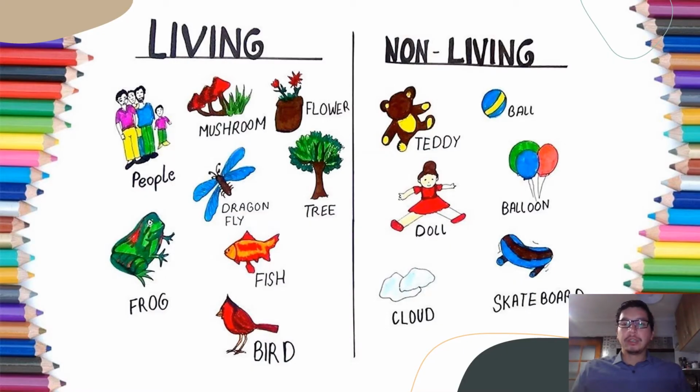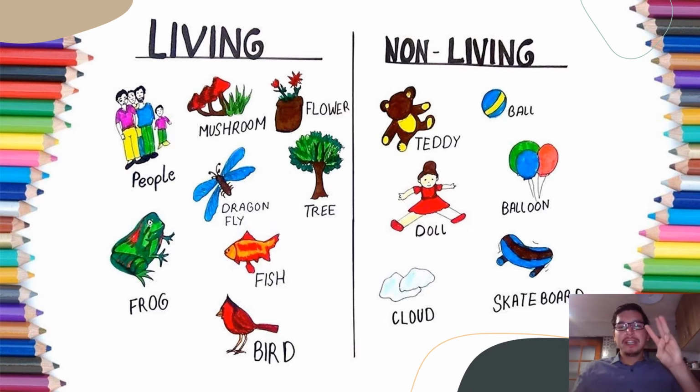Last week, we talked about living things and non-living things. And we mentioned that living things need three important elements to stay alive. Do you remember them? I cannot listen to you. Excellent. Very good.